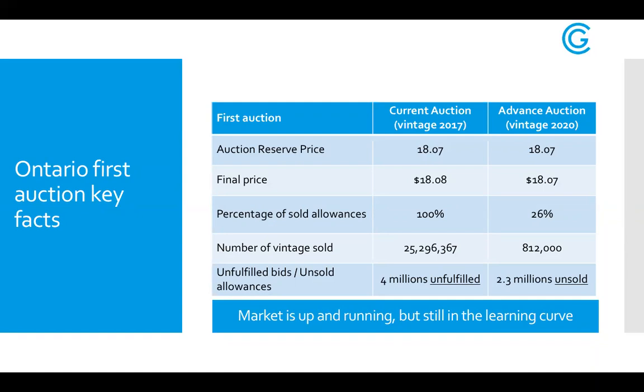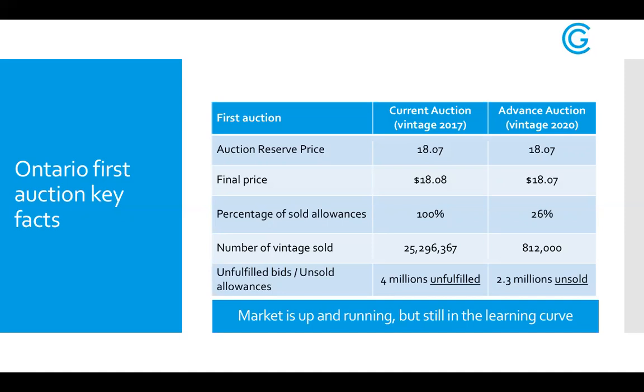So essentially, the exchange rate between the Canadian and US dollars did change a bit during that month between the Quebec California auction and the first Ontario auction, which drove that floor price or that reserve price a little bit up.